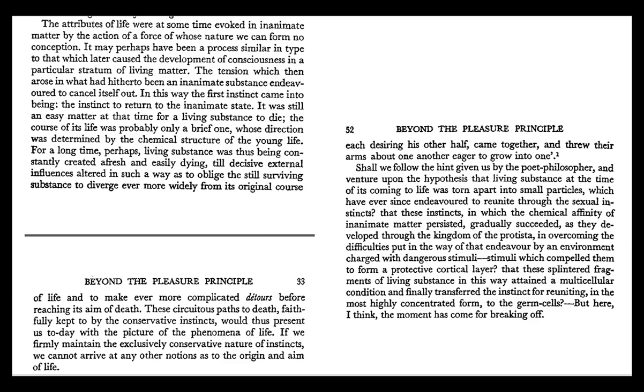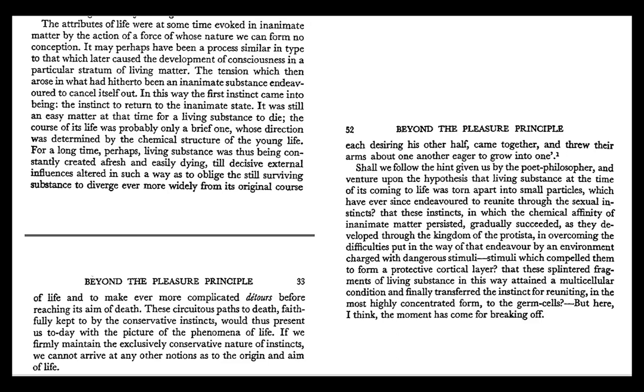It was still an easy matter at that time for a living substance to die. The course of its life was probably only a brief one, whose direction was determined by the chemical structure of the young life. For a long time perhaps, living substance was thus being constantly created afresh and easily dying, till decisive external influences altered in such a way as to oblige the still surviving substance to diverge ever more widely from its original source of life and to make ever more complicated detours before reaching its aim of death.